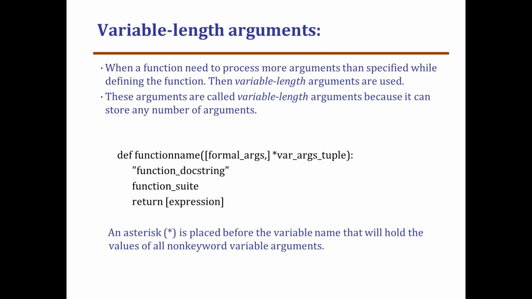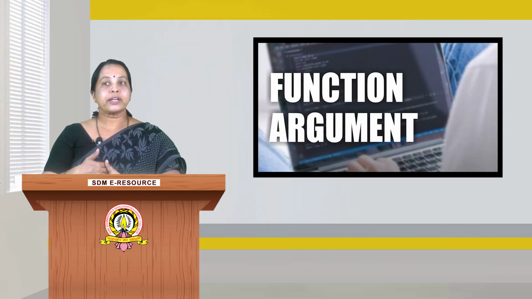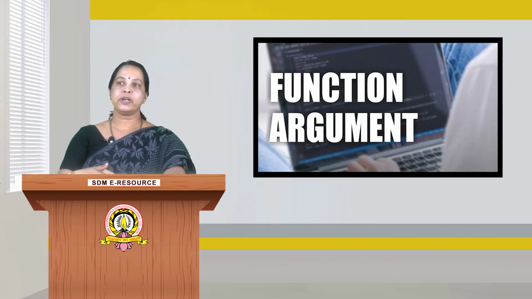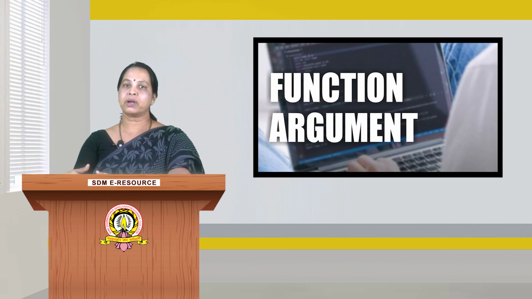Sometimes we do not know how many values we need to pass when calling the function. Then the variable length argument can be used, which is capable of storing any number of parameters that are sent. These arguments are called variable length arguments because they can store any number of arguments.